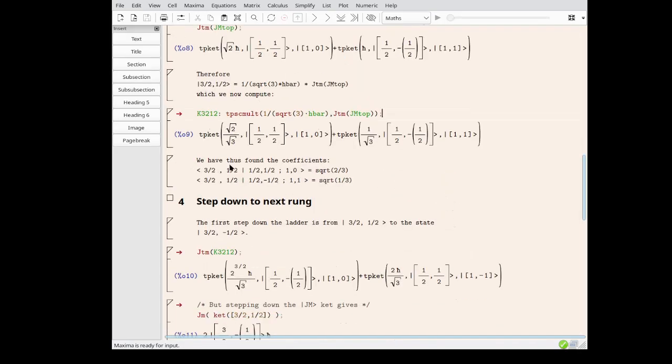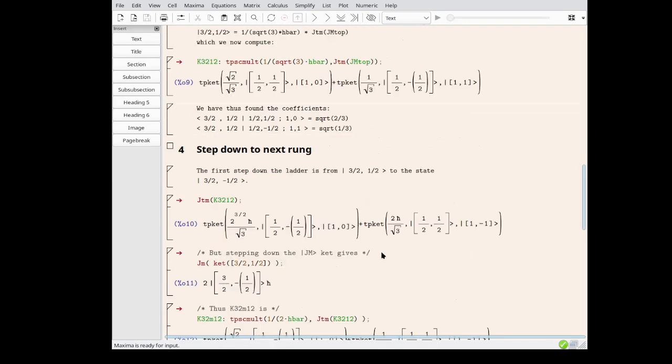If we then took the overlap with 3/2 1/2, the total JM state, we can just peel off the coefficients here. Our first Clebsch-Gordan coefficient is the square root of 2 over 3, and then this one will be the square root of 1/3.